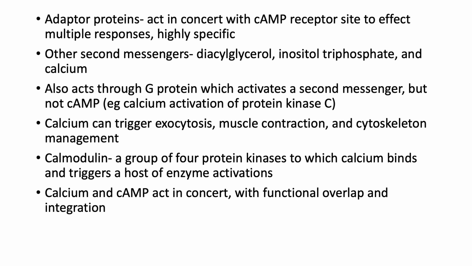For example, calcium can be activated through protein kinase C. And the calcium can trigger a variety of actions, including exocytosis, muscle contraction, and cytoskeleton fine management. Calmodulin is another one. Calcium binds to it and triggers a host of enzyme activations. And oftentimes calcium and cyclic AMP will act in concert with functional overlap and integration.